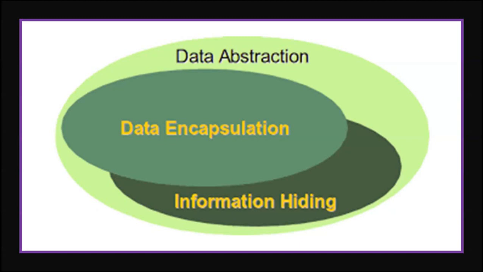Information hiding means that you use a black box approach, hiding the function or the data inside a module or a function. We call it information hiding. Information hiding and data encapsulation overlap, but information hiding is sometimes broader because it includes non-class types of information hiding.